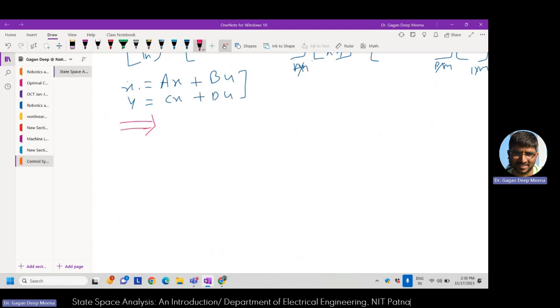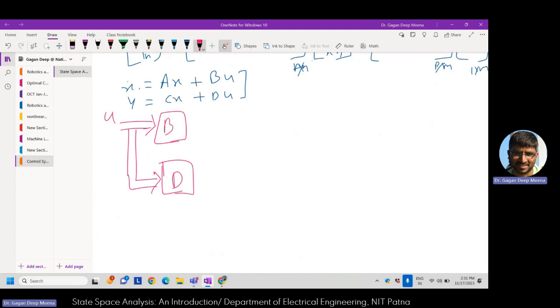So u is getting multiplied with b and d, that I know. u is my input, so I can keep b as a multiplication here, and also d as a multiplication here in the block. So b and d are ready.